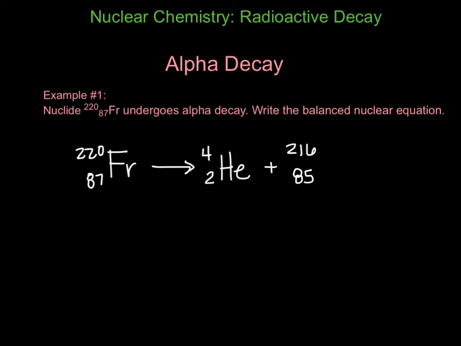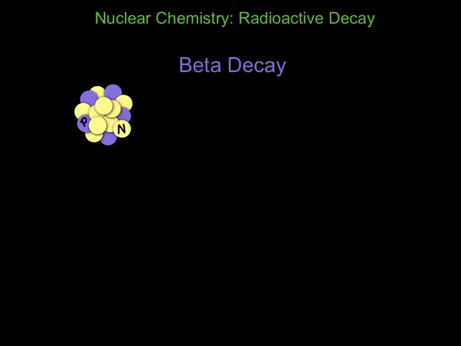Well, if it has an atomic number of 85, it has to be the element astatine. So this is the balanced nuclear equation for the alpha decay of francium-220. I have my francium-220 decaying into an alpha particle and undergoing our transmutation into astatine-216.